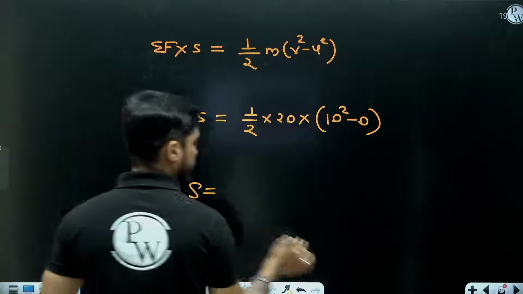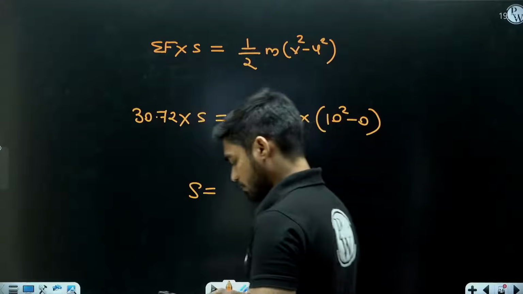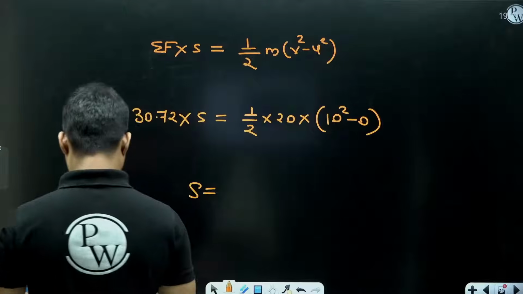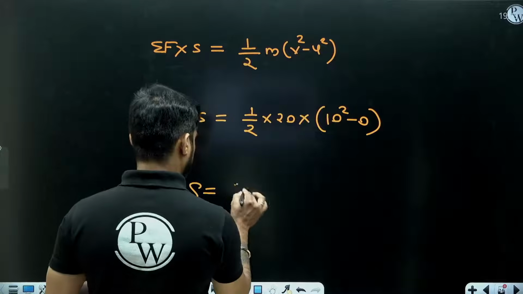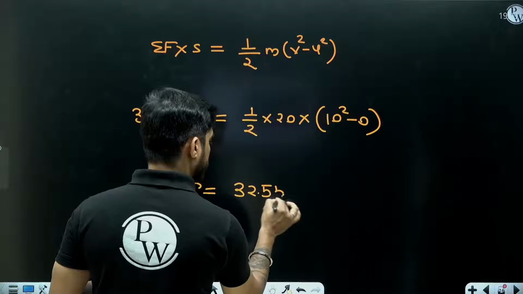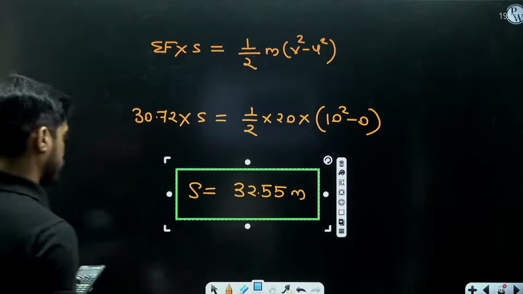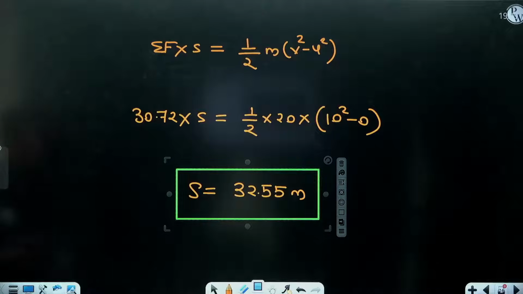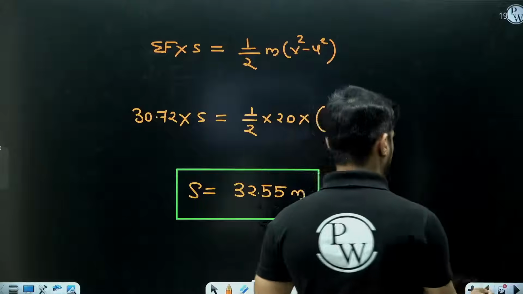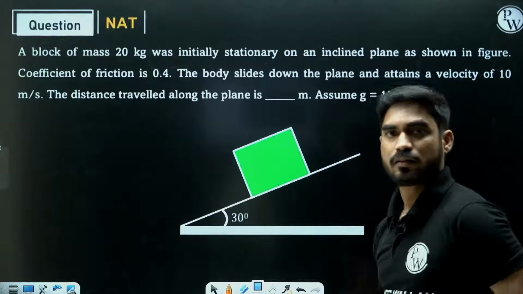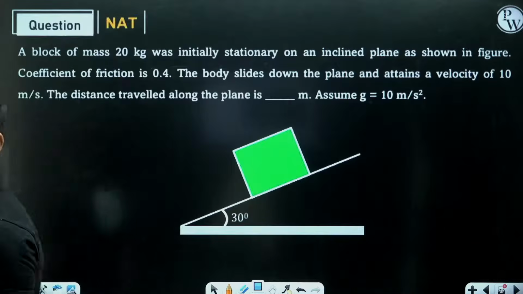From here you get the distance S. So you are getting 32.55 meters. So this is the displacement along the plane when it attains a velocity of 10 meters per second.